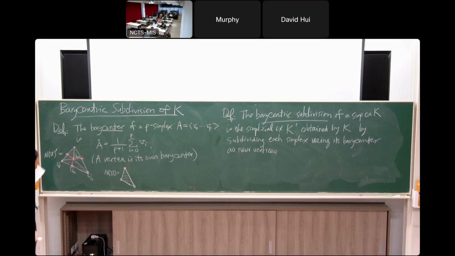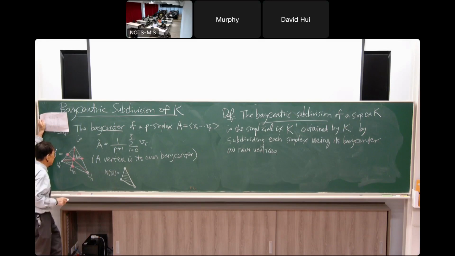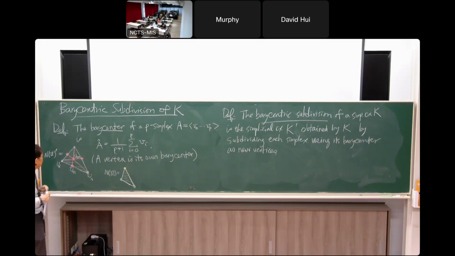And you see that here, in each of the new triangles, you have these three vertices, and one of them is contained in this as an open set, and this is contained in this.